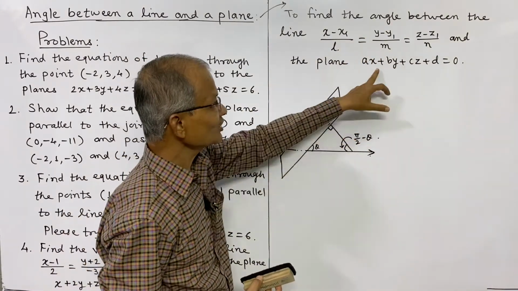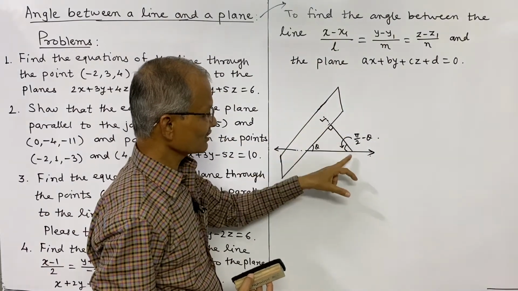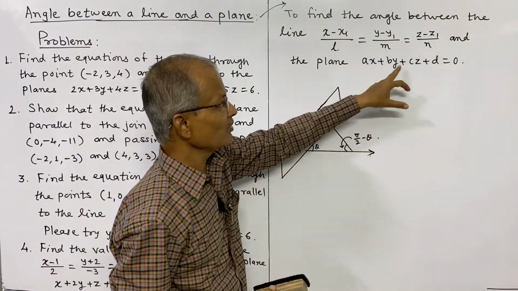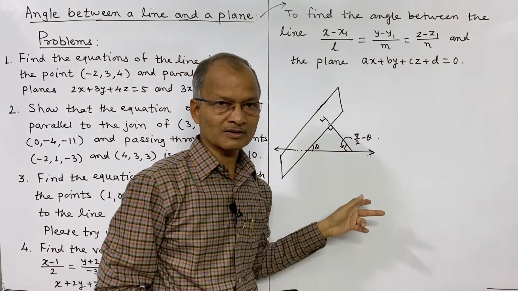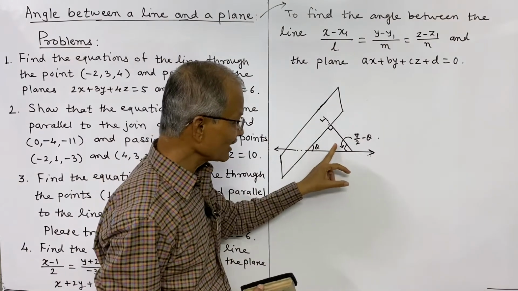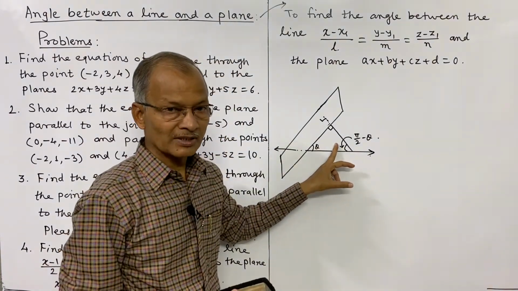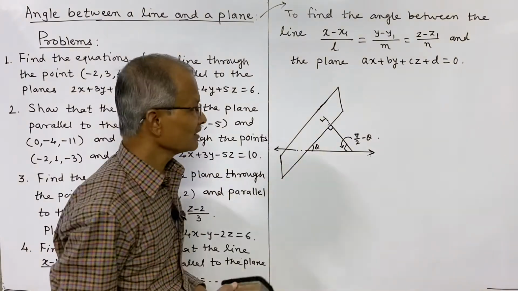And what are the direction ratios of the normal from the equation of plane? That means this perpendicular, they are A, B, C. And if we know the DRS of two lines, we have the formula for angle between them. So therefore we can obtain this angle, and once we obtain this angle, theta can be obtained easily. So that is the way.